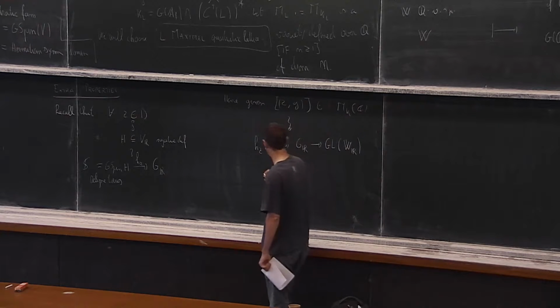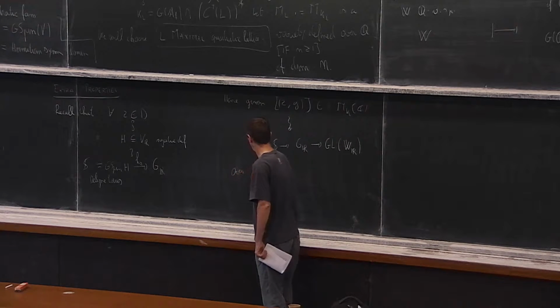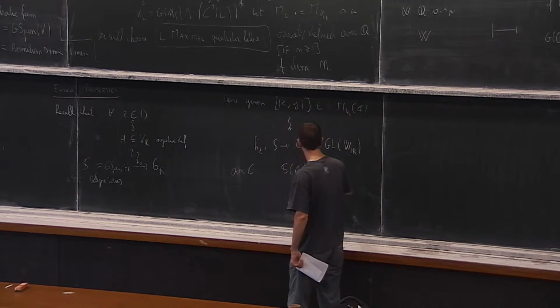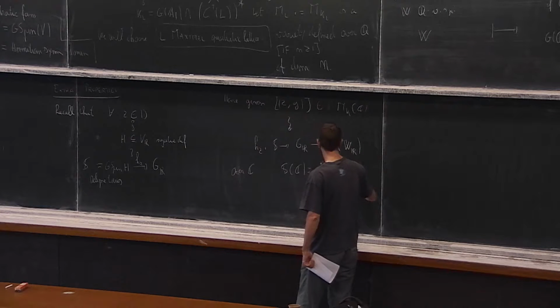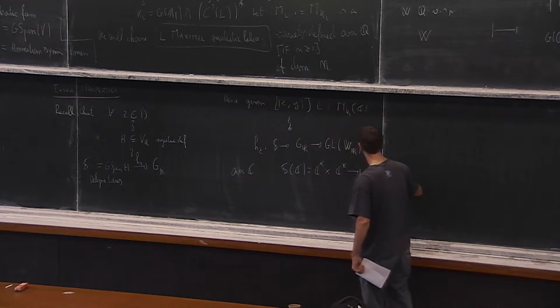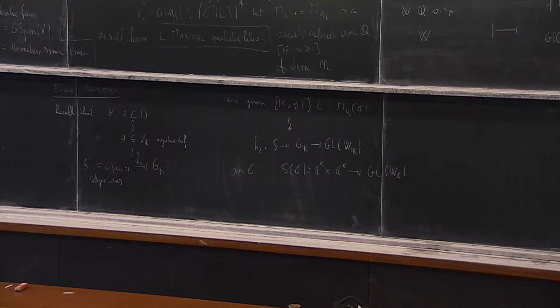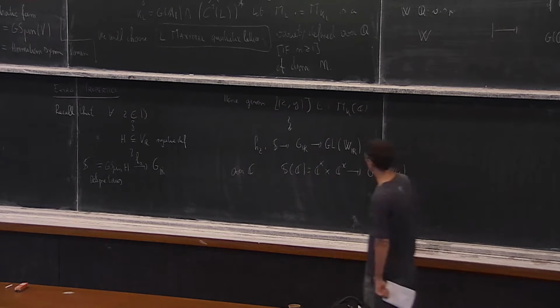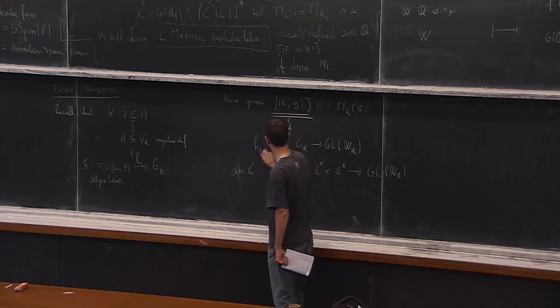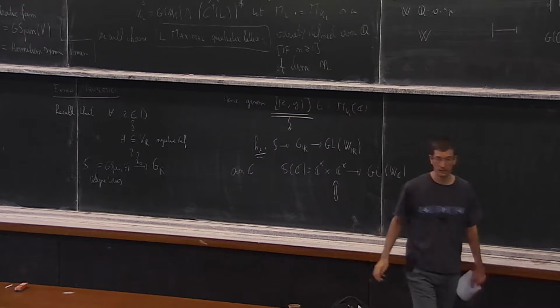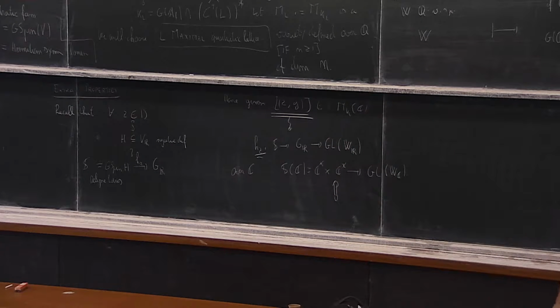Okay, and in particular, over C, I get a map from C star times C star to the automorphism group of the complexified vector space. That depends, of course, on the base point. And we know very well what are algebraic representations of C star times C star on a vector space.